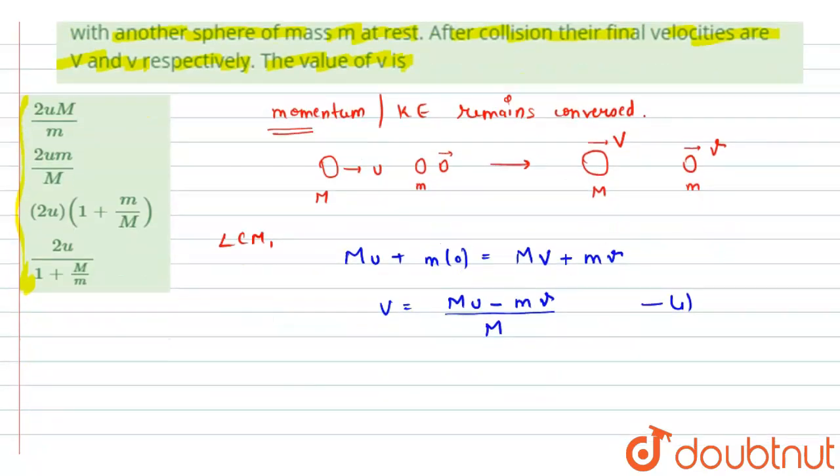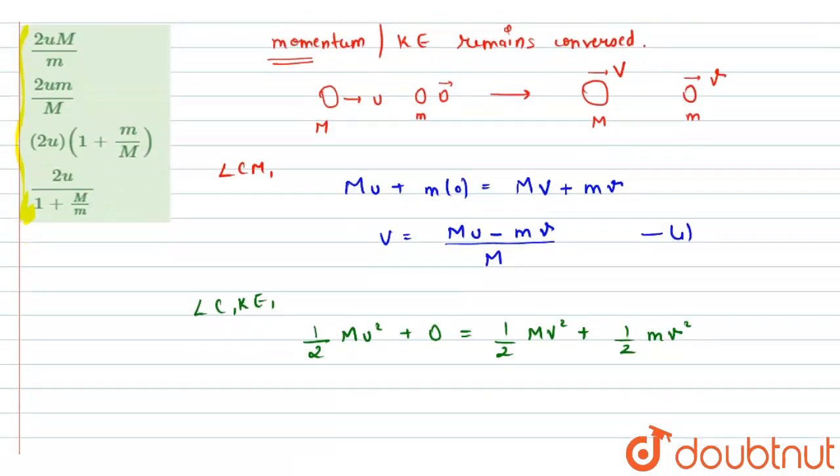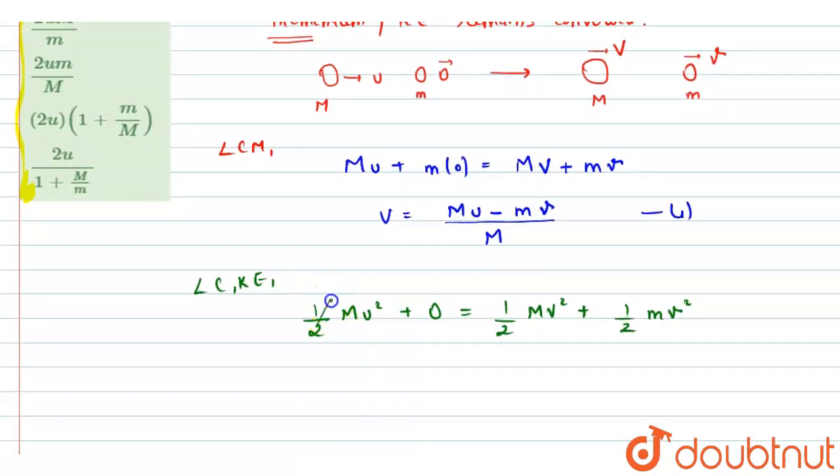Next we can apply the law of conservation of kinetic energy. So the initial energy was half M u square plus 0, as the particle of small mass m was at rest, equals half M V square plus half m v square. Now we can cancel out the term 1 by 2, and put the value of V from equation 1.